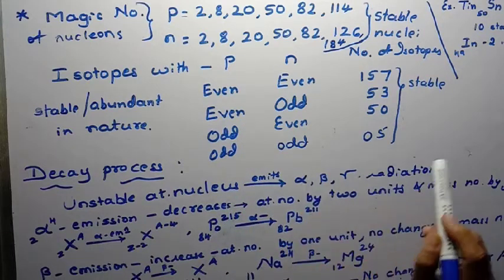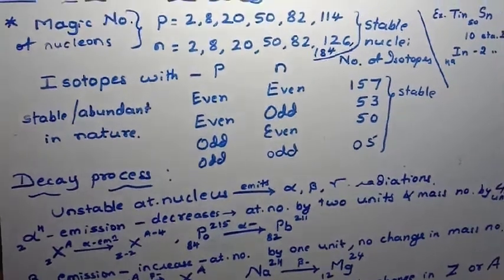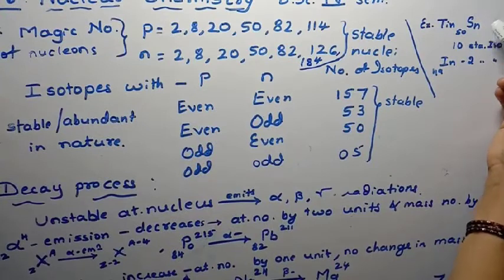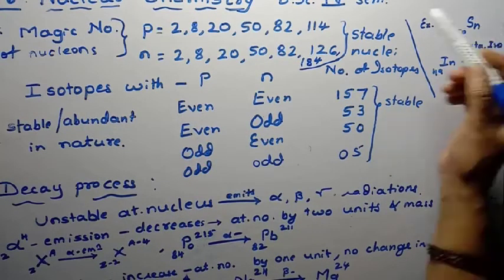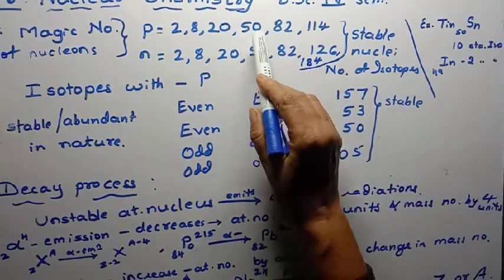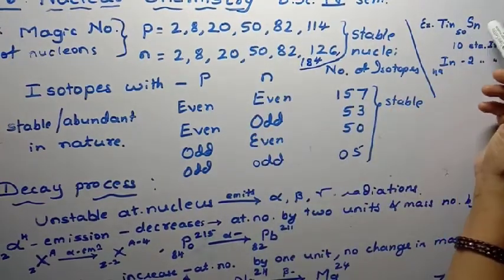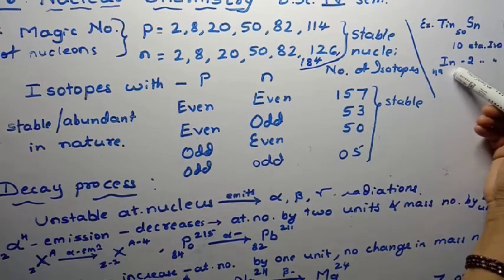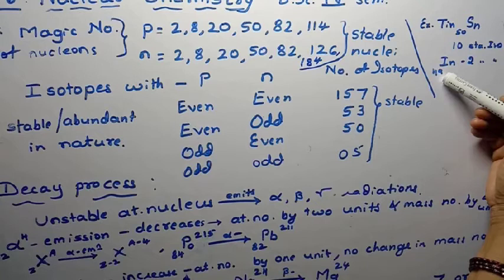Now for the magic number, for example tin, the symbol is Sn, atomic number 50, so it has 50 protons. With that, tin is found to be more stable compared to indium, whose atomic number is 49.